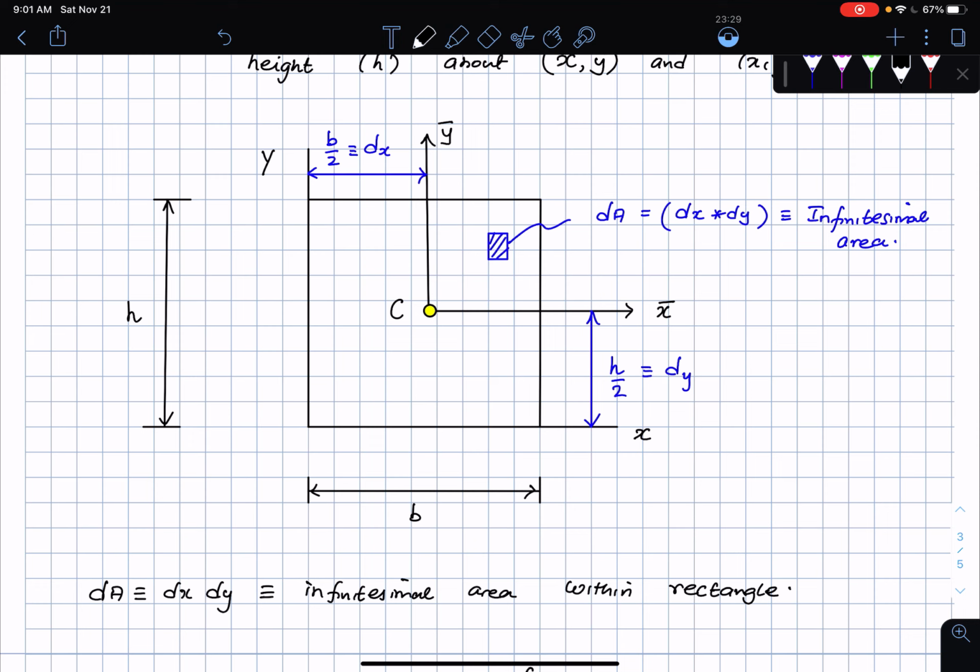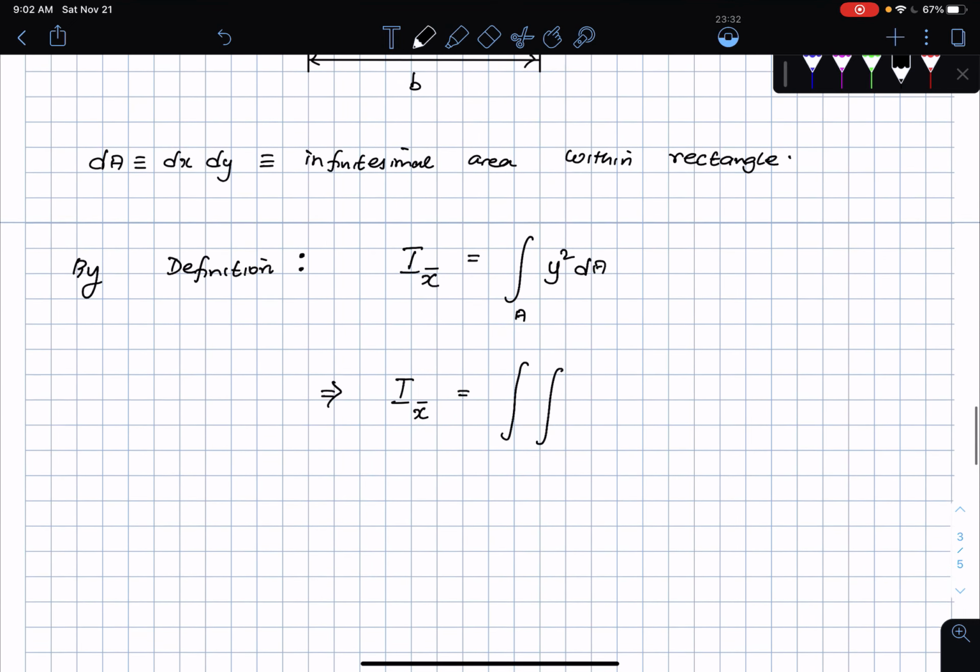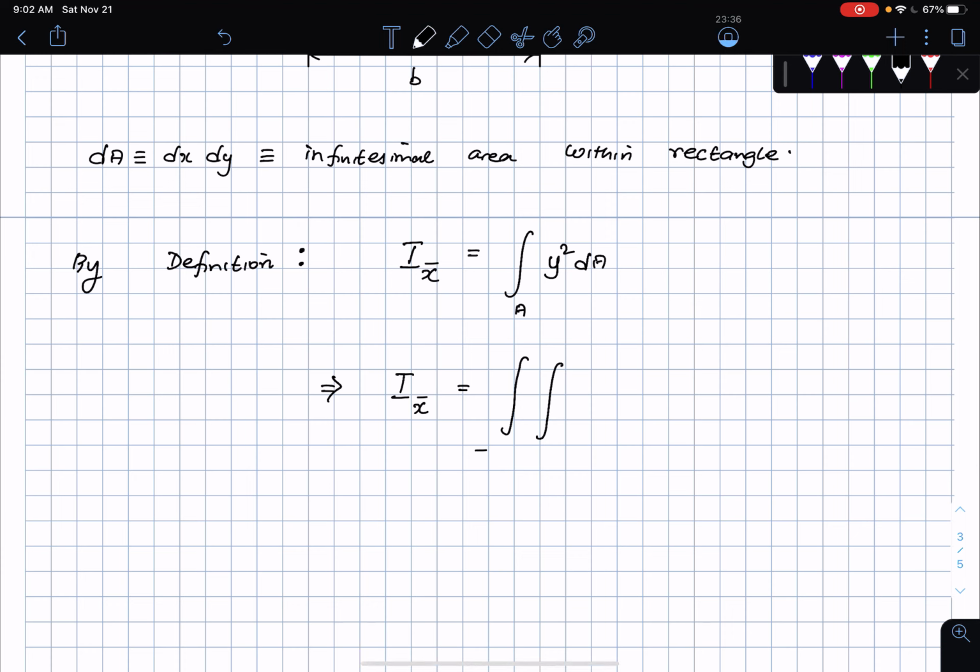Similarly, things below the centroid are negative, above the centroid are positive. So the limits of integration are minus h by 2 to plus h by 2, and minus b by 2 to plus b by 2, of y square times dx times dy.